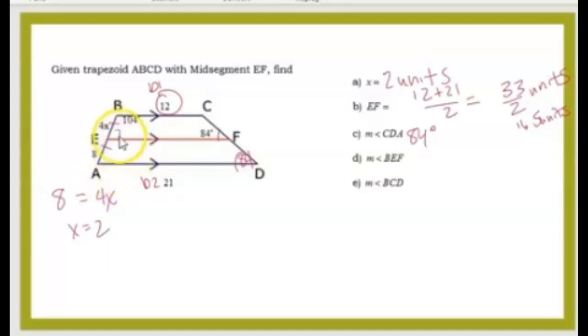It's going to be 76 degrees right here. Last one is BCD. So same idea. Careful, these are not congruent necessarily. Let's figure out the same side interior or consecutive interior. So 180 minus 84. That's going to be 96.